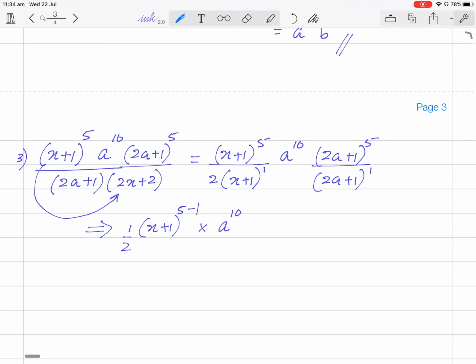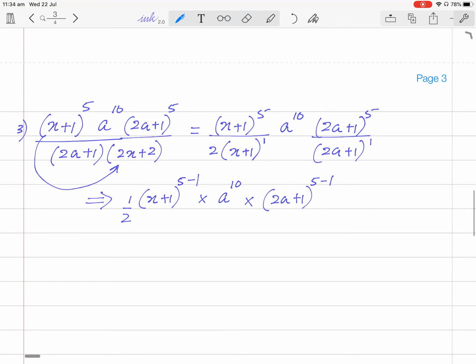Multiplied with a to the power 10, there is no cancellation or simplification for a, but we have it for 2a plus 1. So 2a plus 1 is our group, and that would be the division rule, 5 minus 1. So finally, we get half times x plus 1 to the power 4 times a to the power 10 times 2a plus 1 to the power 4.